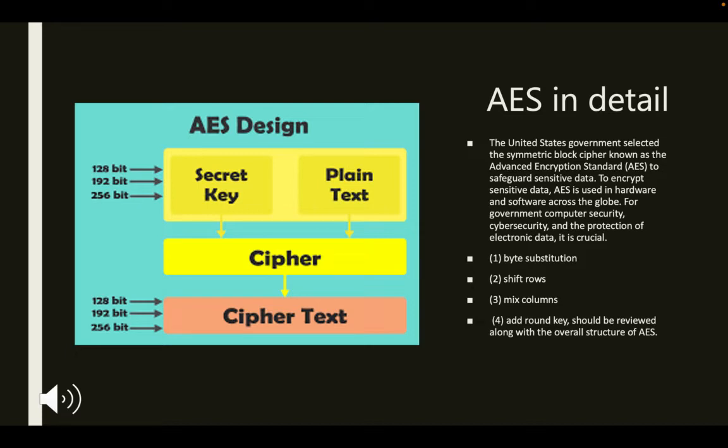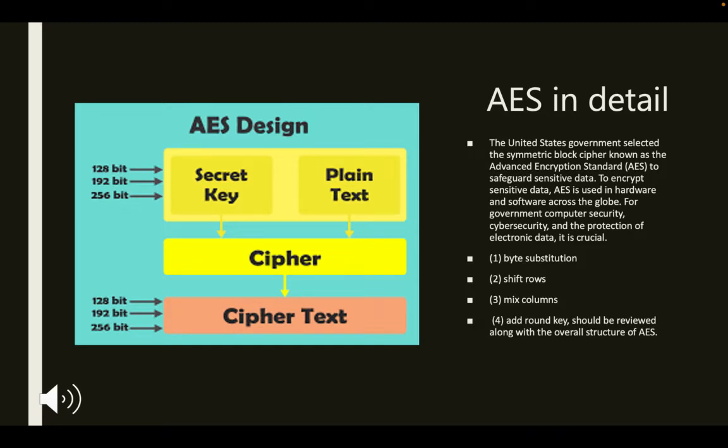The four processes utilized in each round of AES are 1, byte substitution, 2, shift rows, 3, mix columns, and 4, add round key, which should be reviewed along with the overall structure of AES.